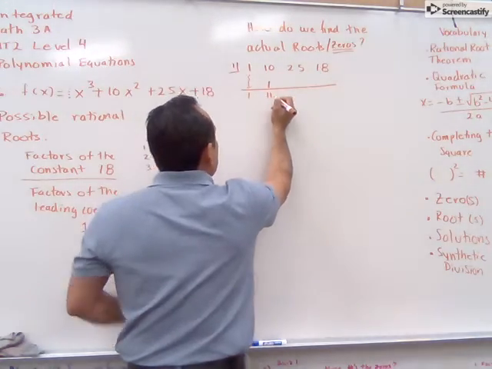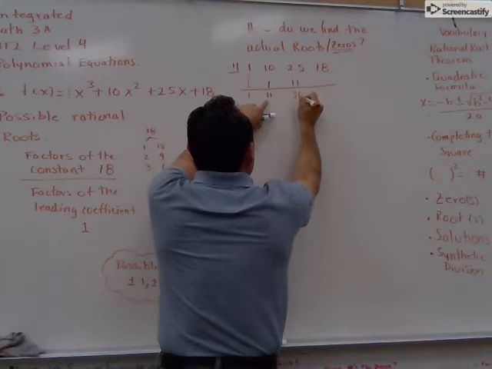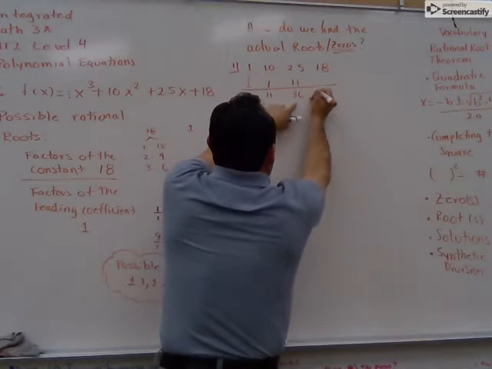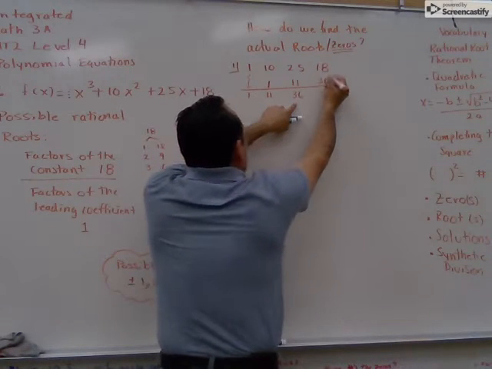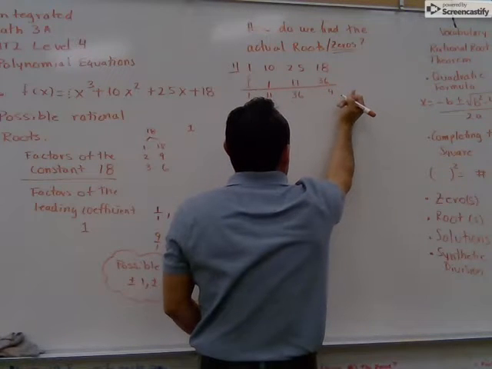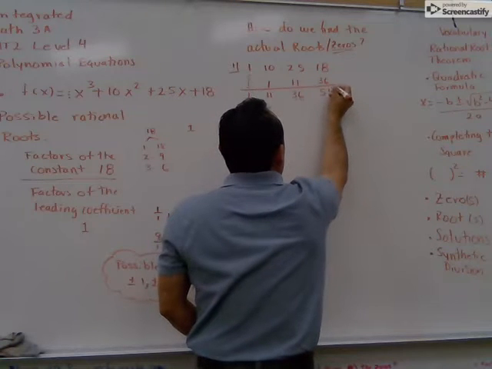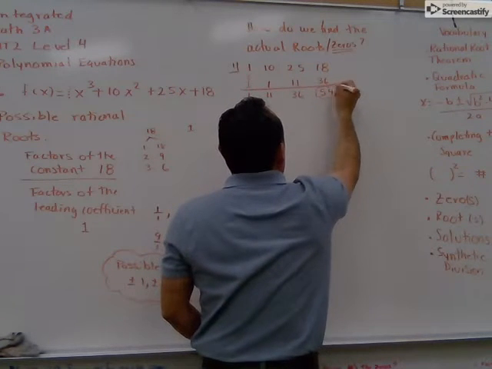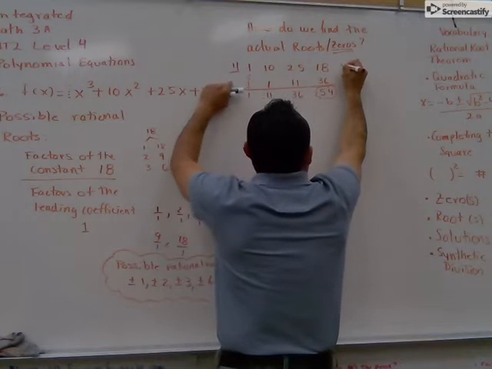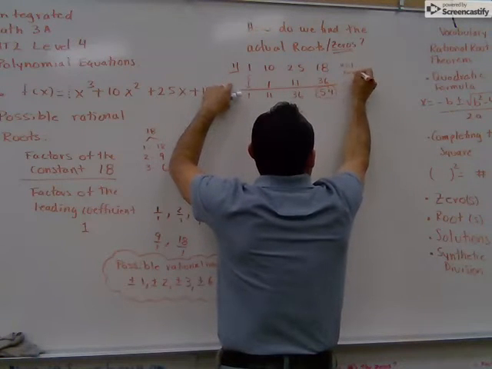Add them, 11. 1 times 11 gives you 11. This gives you 36. 1 times 36 produces 36. If I combine this, this gives me 54. This is our remainder. We didn't get 0. Therefore, right now we know that x equals 1 does not work.